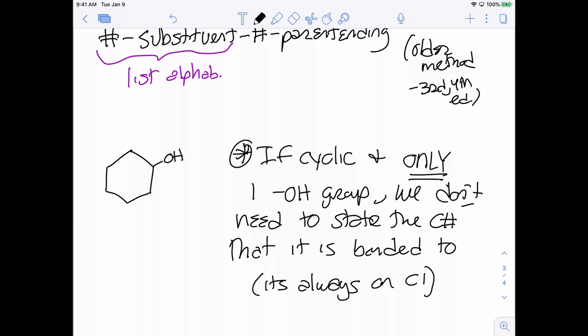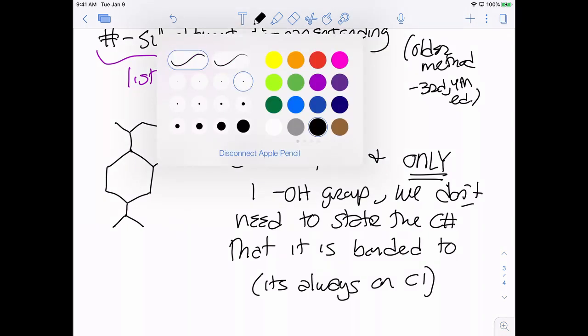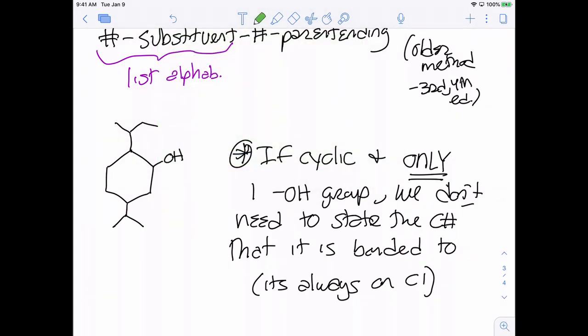Let's put some substituents on this group. We haven't looked at these guys in a little while. And this one. Oftentimes with the cyclic ones, the hardest part is just figuring out how to number them. So I know this is going to be carbon 1. And then my next rule is I want the lowest numbers for my substituents. So I'm going to go counterclockwise.